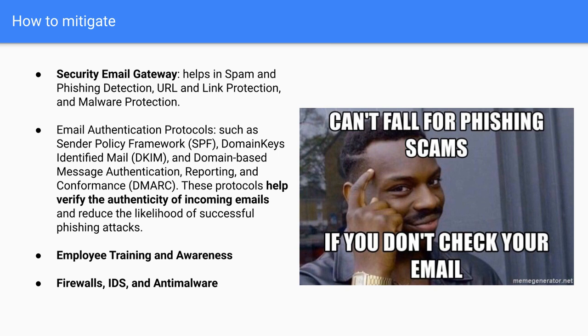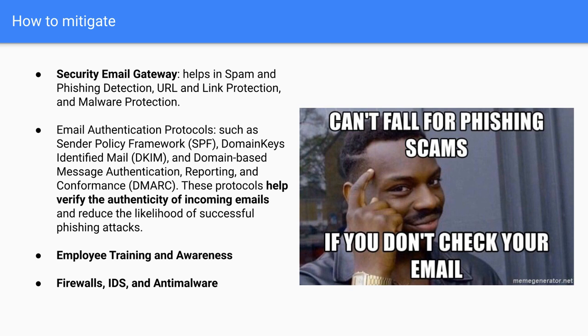The first thing we can do is deploy a security solution. We have the secure email gateway, which is a security solution that works, as its name says, as a gateway for email. Any email that is coming into or going out of our environment should pass through this gateway, and this gateway will filter the email.